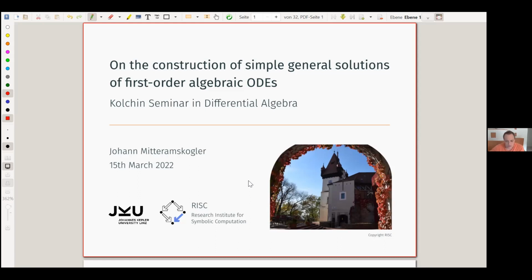And since so many people have put some nice pictures of the universities on the title slide, I also included one. So this is Hagenberg Castle. It's not located at the JKU campus. It's 20 kilometers or so away, roughly 20 minutes by car. And I'm a bit cheating.